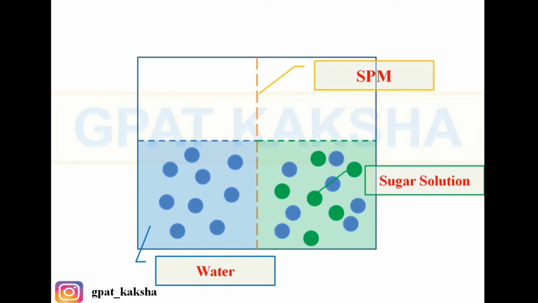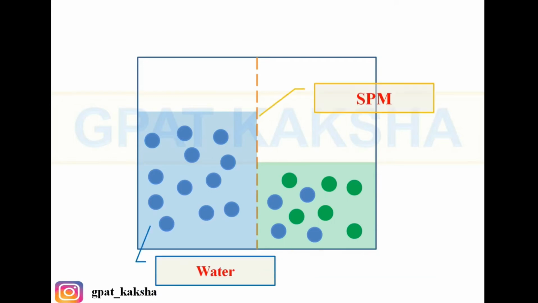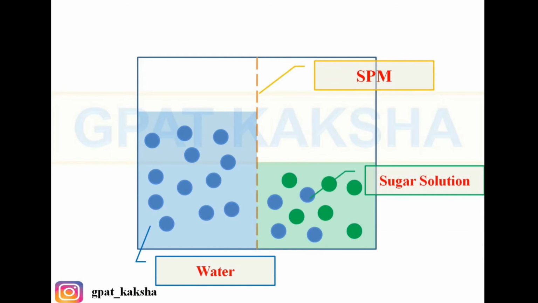That means there will be movement of solvent molecule from sugar solution to the water through semi-permeable membrane. As the time passes by, we can observe there will be rise in the level of water compartment as compared to the sugar solution, and the sugar solution level will fall down as compared to the previous observations.